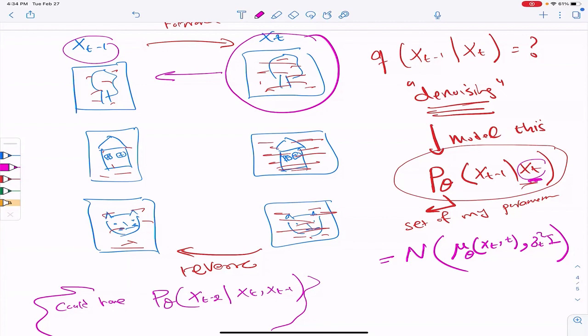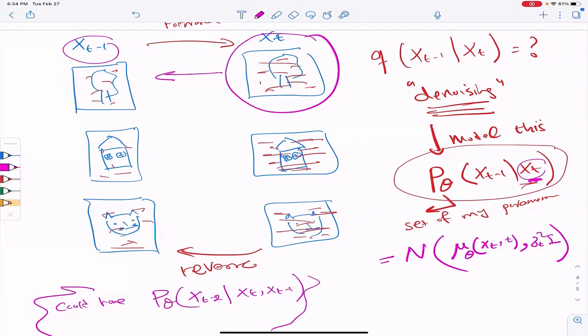If you could have a general function that can somehow detect the noise level at your input and get an idea about the time step, maybe you don't even need this.